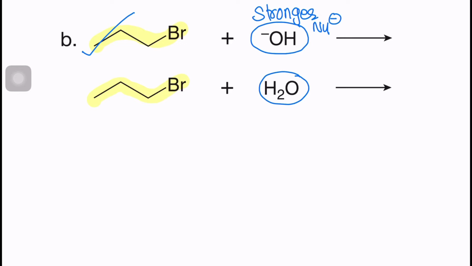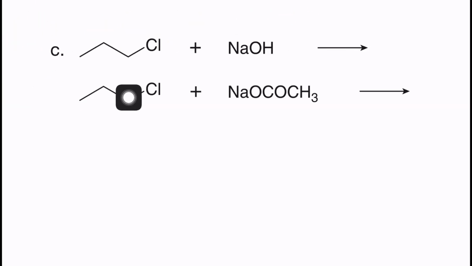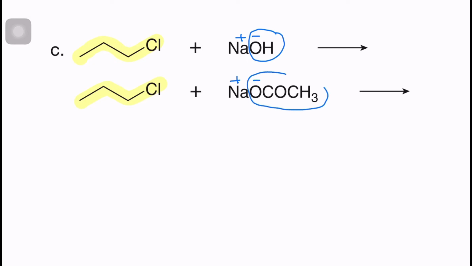Now let's move to the next one. In this problem again, we have the same alkyl halide. So the rate will be mainly decided by the nucleophile. In the first case, we have hydroxide ion as the nucleophile, and in the second case, this one is the nucleophile. If we see, the second nucleophile is simply acetate ion, that is O minus COCH3.